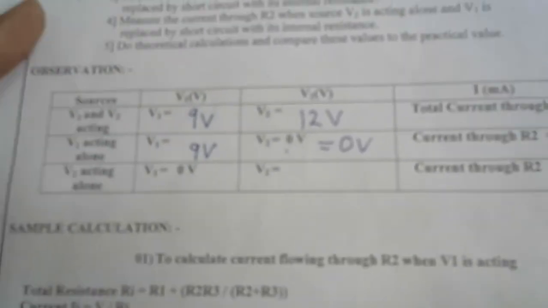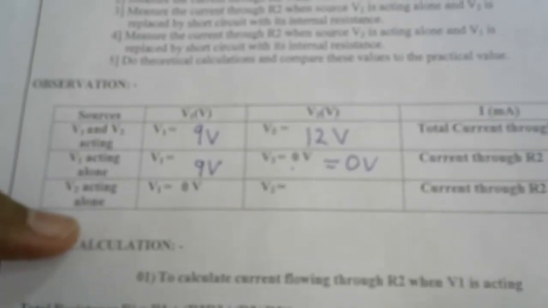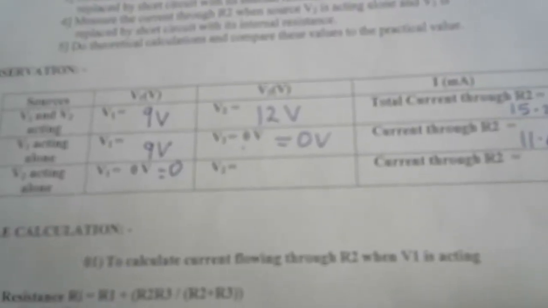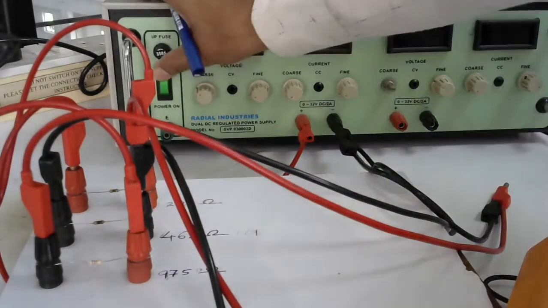Now the third reading, when V2 is acting, that means V1 is 0. We have to keep V1 at 0 volt. What will be V2 and what will be the current flowing through this? So let's connect that part. Switch off the power supply first of all.